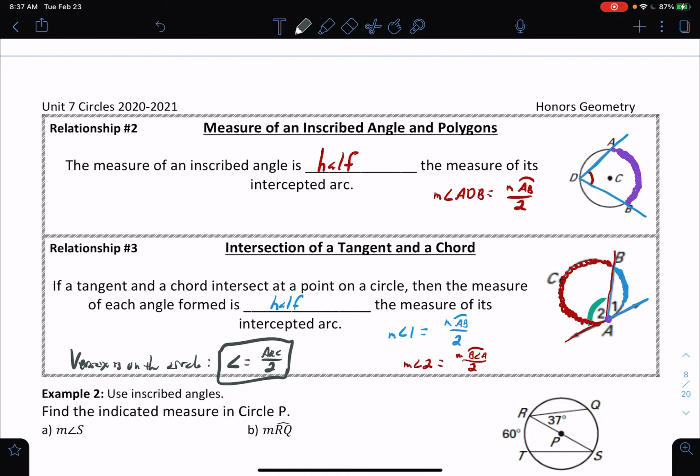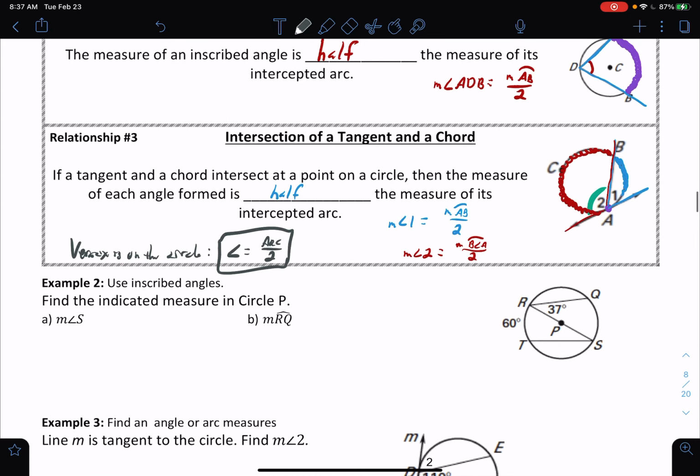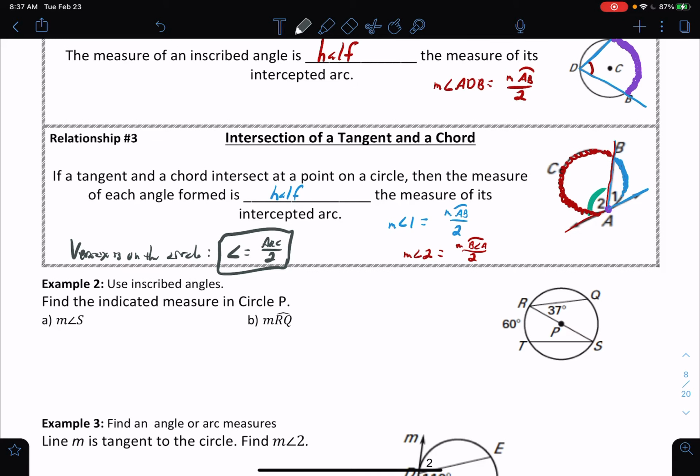Okay, so we've got a diagram here. Find the indicated measures. We want to find the measure of angle S, which is an inscribed angle. If I extend those chords out, notice how it captures this 60 degrees.